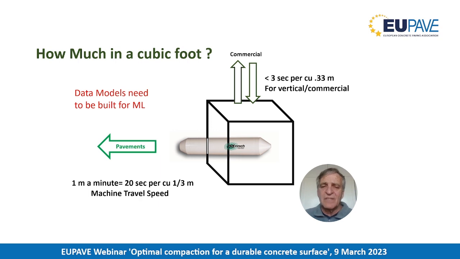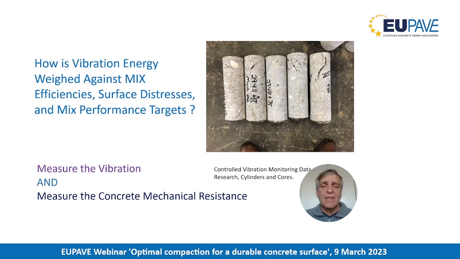So we have a tendency to do a little bit on the over-vibration side of it, and it's something you can look at by measuring the resistivity of your concrete, and getting more data built on what this travel speed means to the uniformity of your pavement.